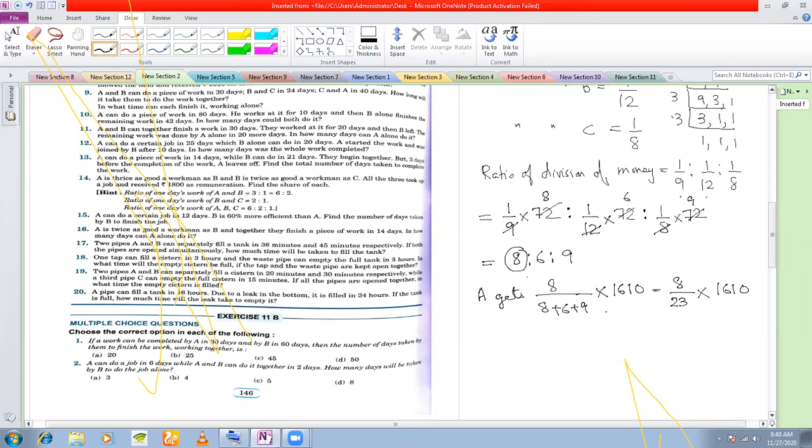And therefore, if you want to cancel this, 1610 cancels with 23 seventy times, in fact. Okay, so this is rupees 560.